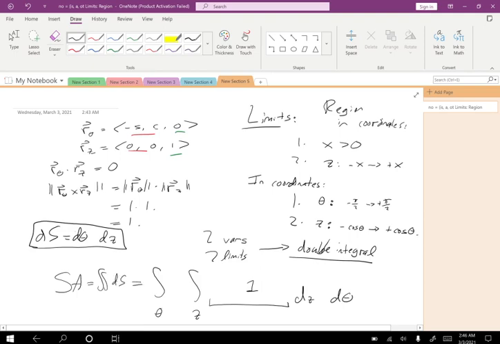And our ds, remember, is 1 by this calculation here. So our z range, of course, is negative cosine theta to positive cosine theta, and our theta range is minus pi over 2 to pi over 2 by our mechanical polar coordinate swap.